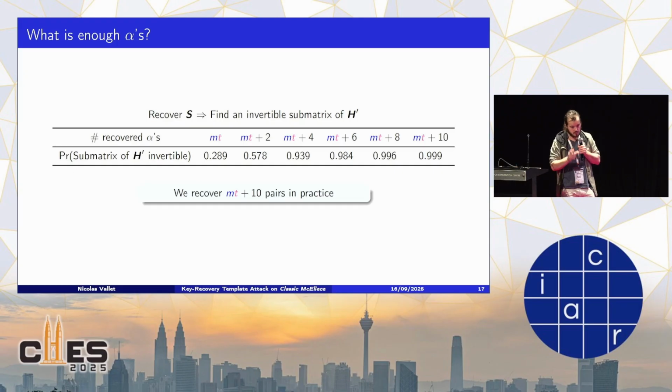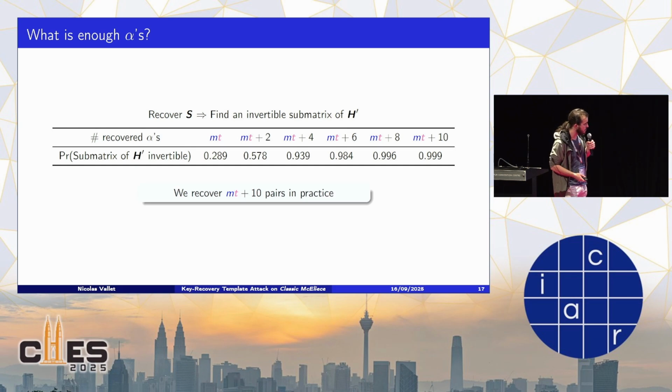And so if we only recover mt alphas, the probability that the corresponding columns are effectively linearly independent is actually less than 30%.